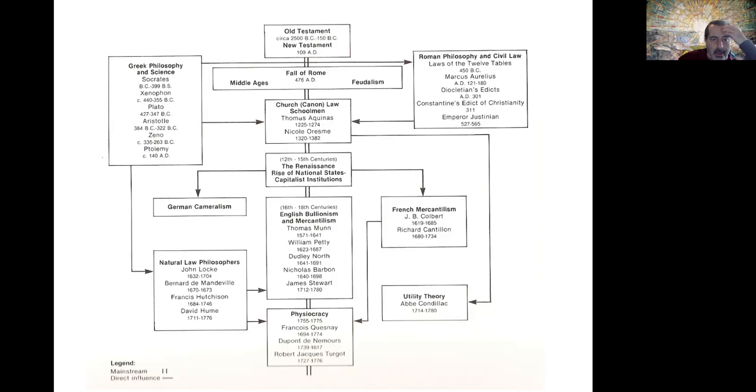So basically, Plato is the most important philosopher in terms of the establishment of Greek philosophy. And of course, we have this Xenophon guy, 440 and 355 BCE. And Plato, of course, and Aristotle, Plato's pupil, and Zeno. This is another interesting person, but we are not going to talk about him.